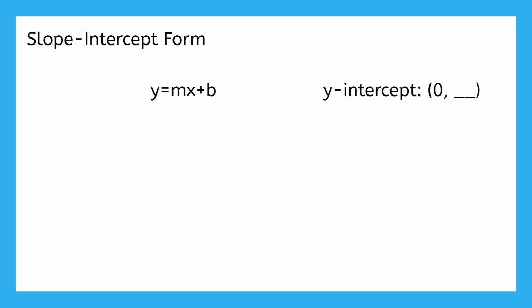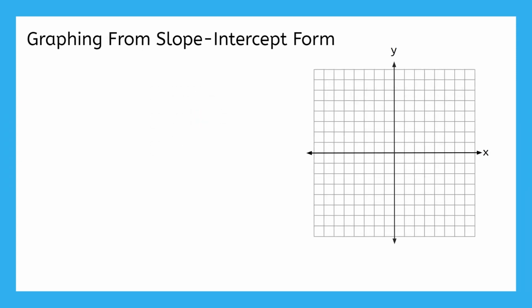Well, what happens if I substitute 0 for x in the slope-intercept equation? Try it now and find out. When I substitute and simplify, since anything times 0 is 0, I get that the y-coordinate is b, making the y-intercept 0, b.